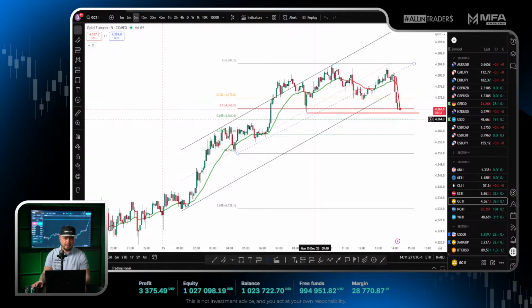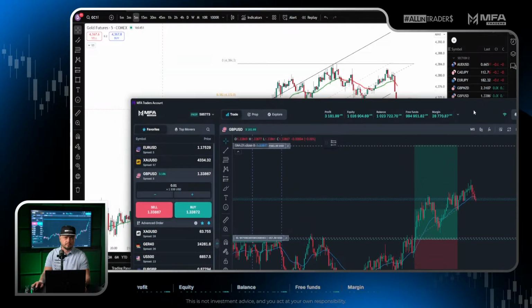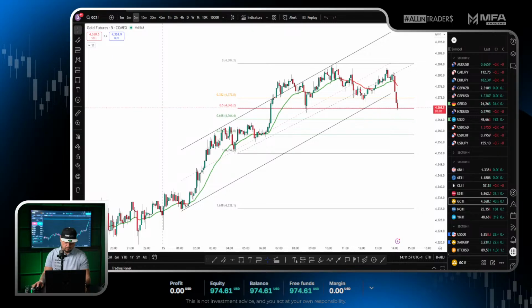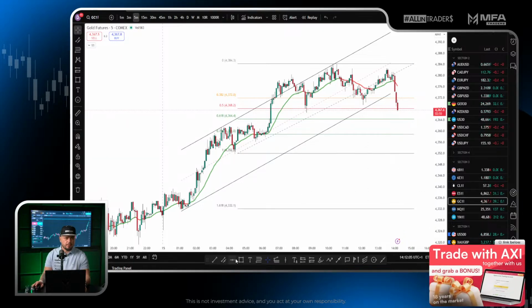Okay. So we might have double bottom right here. The price is dropping down. It's quite strong move. Let me just check something. Okay, so the price is dropping down.